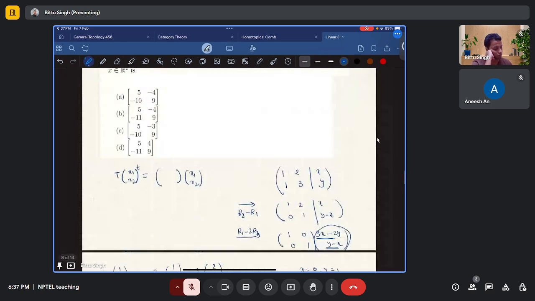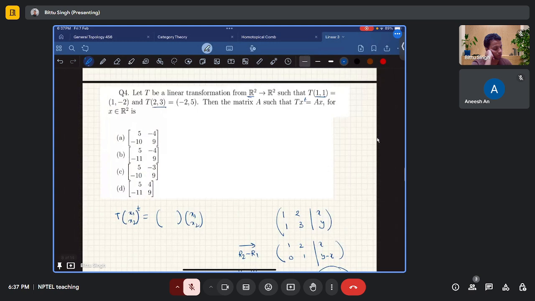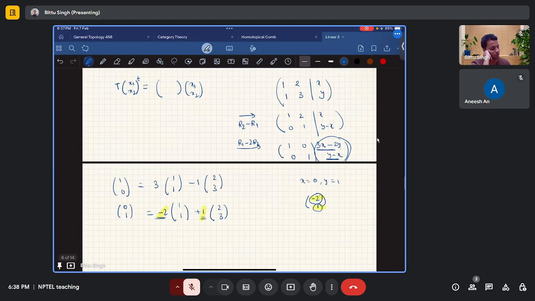So this is now almost done. Again we'll see what T applied on those two things gives.